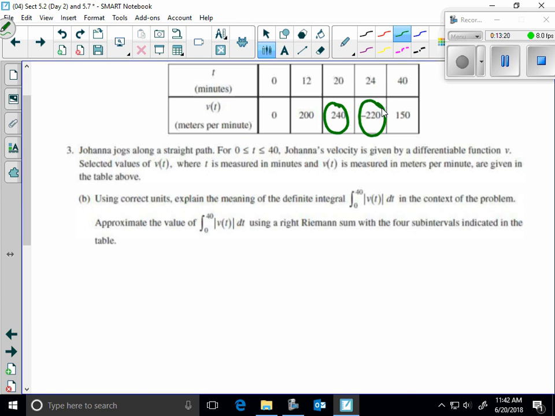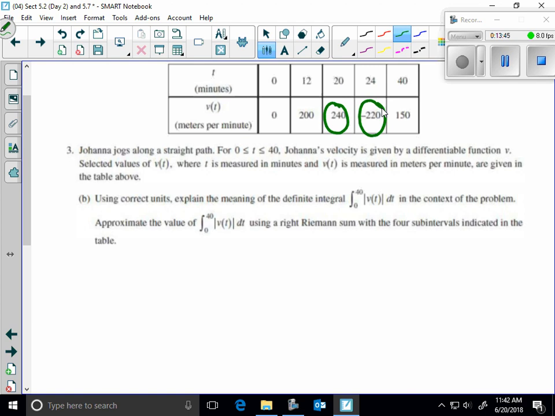She's jogging to the east, and then somewhere around 24 minutes, we don't know exactly when that would be, she turns around and jogs the opposite way. And then at 40 minutes, she's jogging east again. But we don't know when she changes from east to west and then back to east, right? So that negative velocity is just directional. So using correct units, explain the meaning of that definite integral.